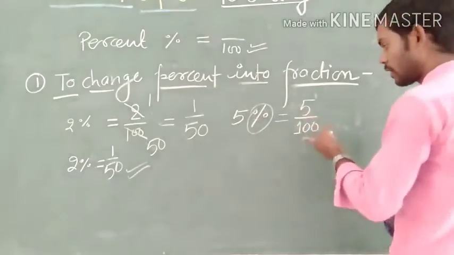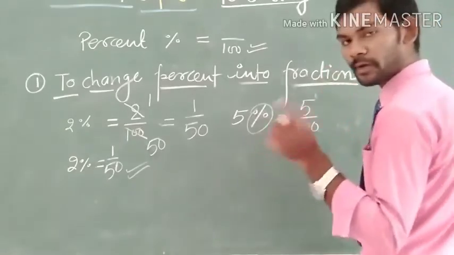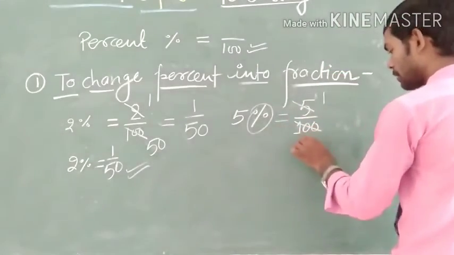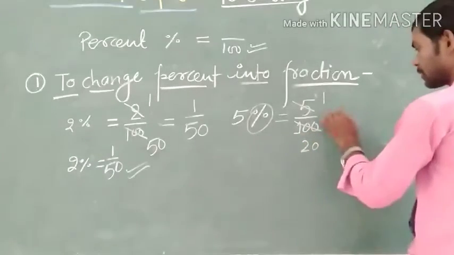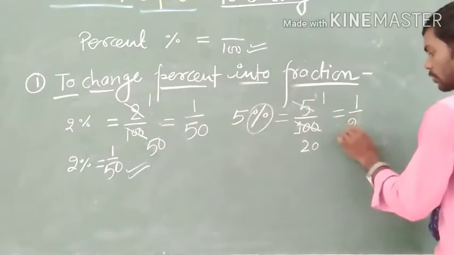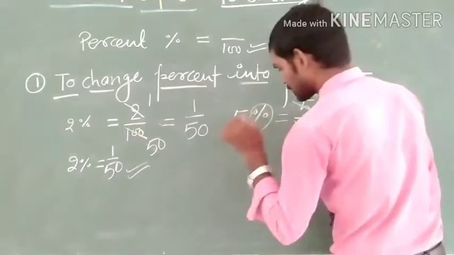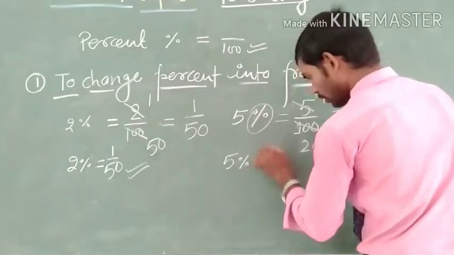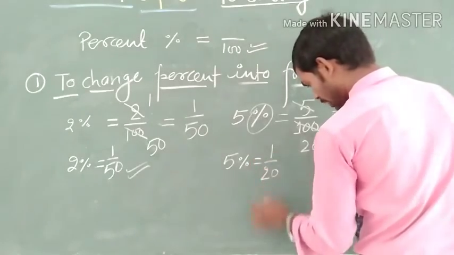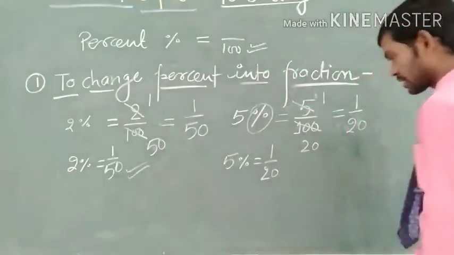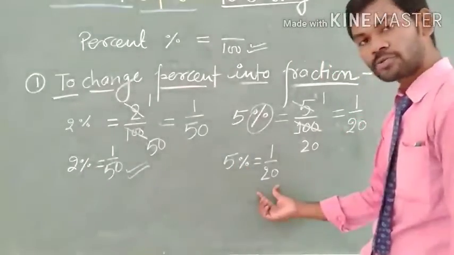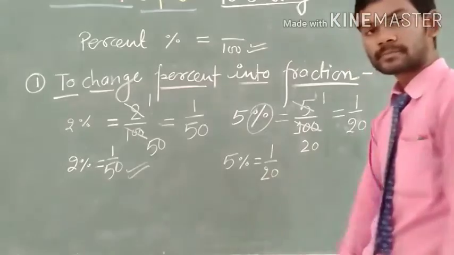And now we convert it into the lowest form. For this, we divide: 5 ones are 5, 5 twenties are 100, and hence we get 1 upon 20. Therefore, 5% is equal to 1 upon 20. Now you can see that 5% has been changed into a fraction.